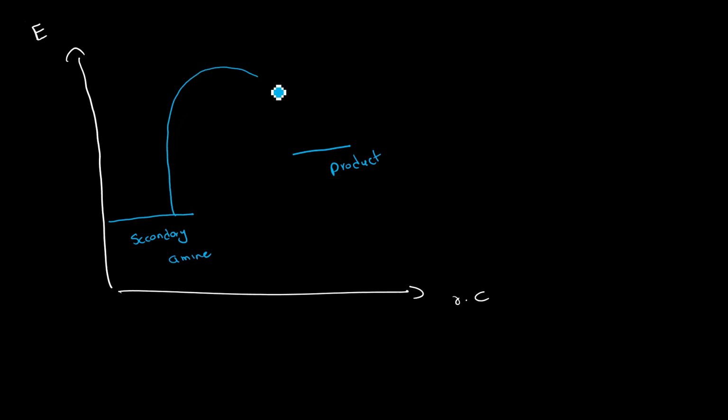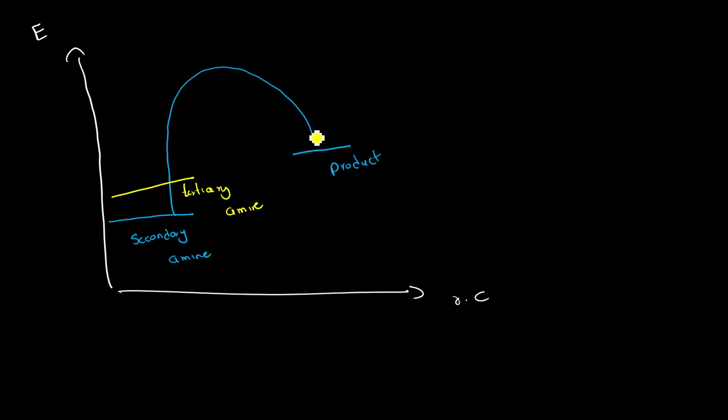Here we have the reaction coordinate, and now let's take a place like this. The energy values can be changed. I have not looked into the exact values of the secondary amine's energy and the tertiary amine's energy. I just wanted to tell you one specific point for this tertiary amine.